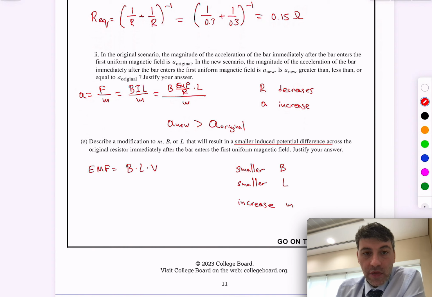So from this we need to actually select only one part, so a smaller magnetic field will just reduce the value of the induced potential difference.